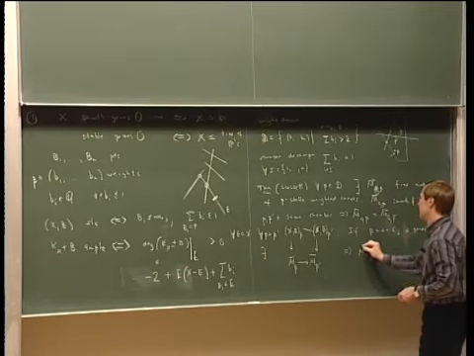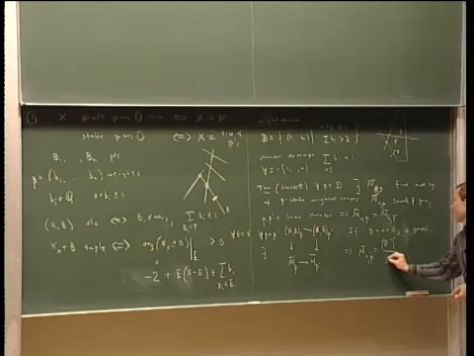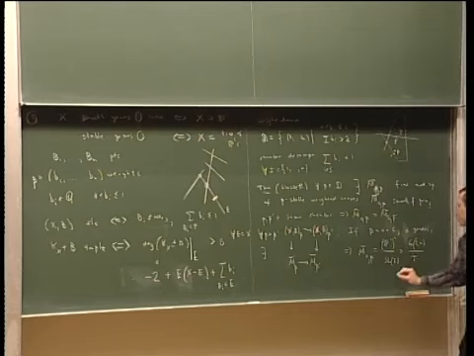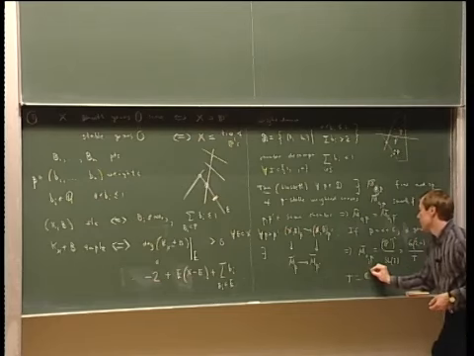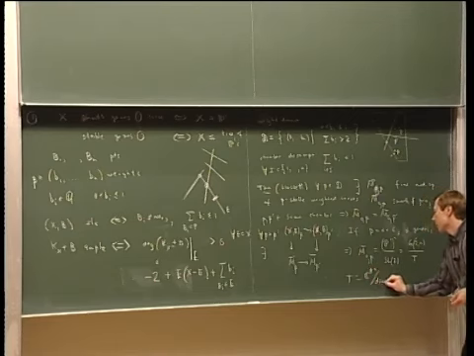Then this space is a GIT quotient. You can write this as a GIT quotient of a product of P1s, or a GIT quotient of a Grassmannian G(2,n), by the torus. The torus here is C star to the n modulo diagonal C star.